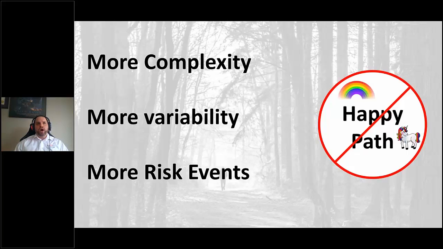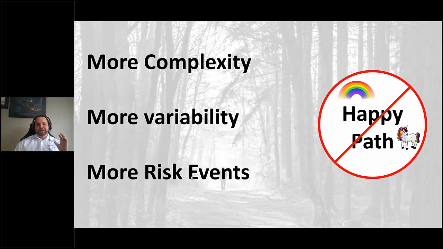So when we only use optimization in a supply chain project, it's the happy path. It's living in a world of rainbows and unicorns, not taking into consideration any of the real world complexity, variability, and risk events.